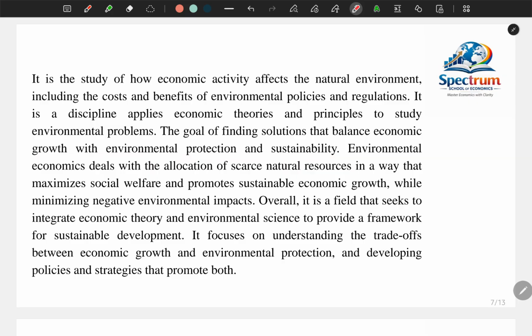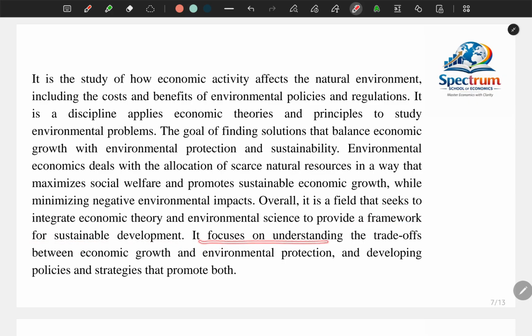The main goal of environmental economics is to balance environmental protection and sustainability, and it also deals with allocation of scarce resources in a way that is helpful for further economic development. Overall, it is a field that seeks to integrate economic theory and environmental science to provide a framework for sustainable development.